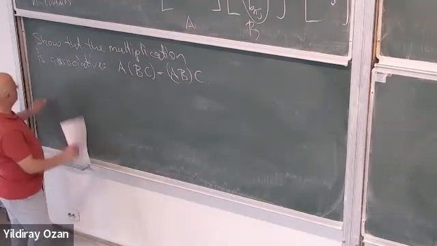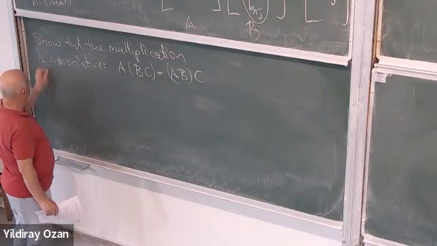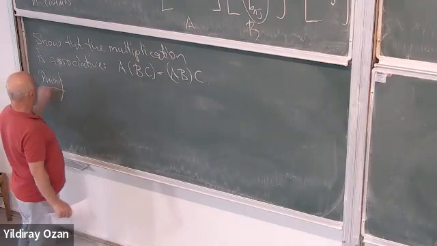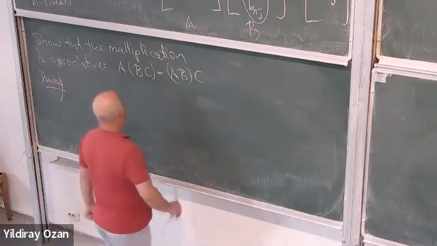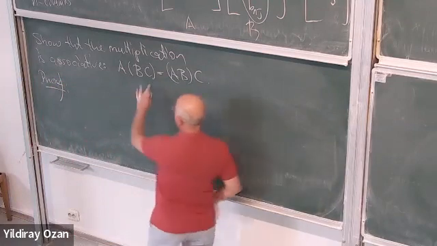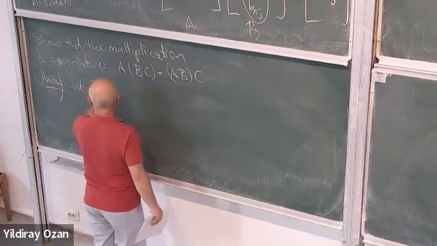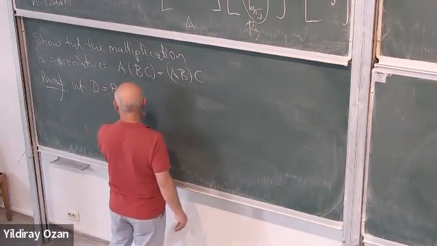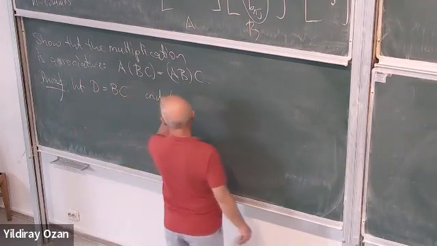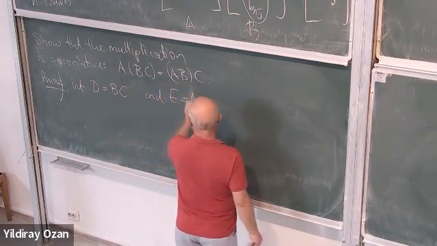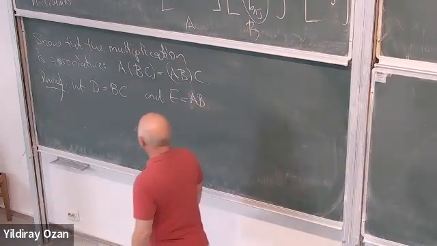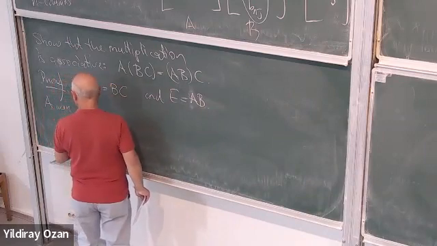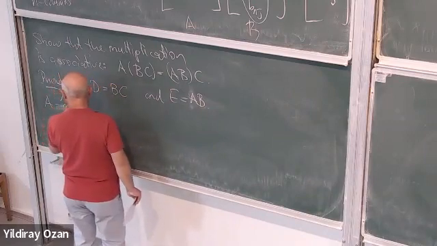Okay, let me do this. All right, let's just give names to these gadgets. Let's define D to be B times C and E to be A times B. Now A is, let's say, an M by N matrix.